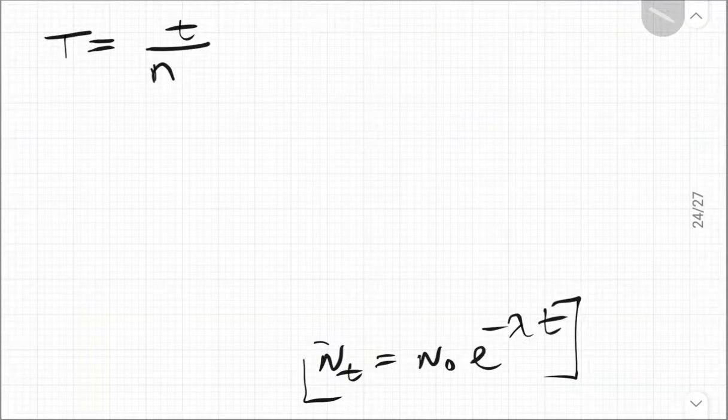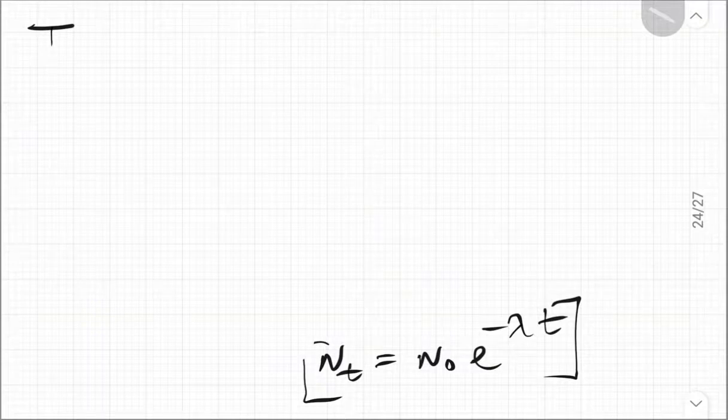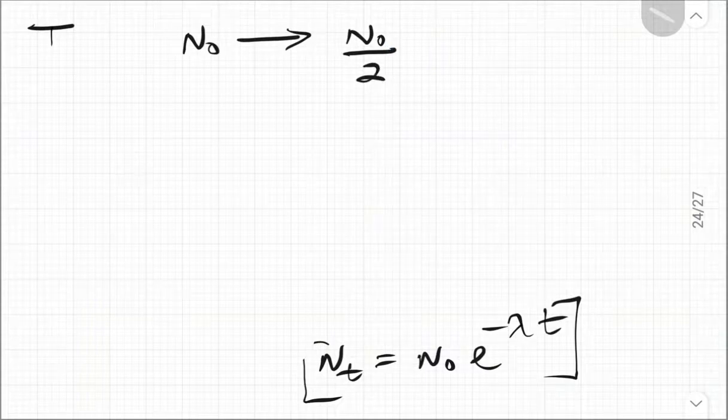So let's derive that using this equation here. Of course, we know that the half-life is the time it takes for N naught to reduce to N naught over 2, because it's the time taken for a sample of a radioactive material to reduce to half of its initial amount, right?